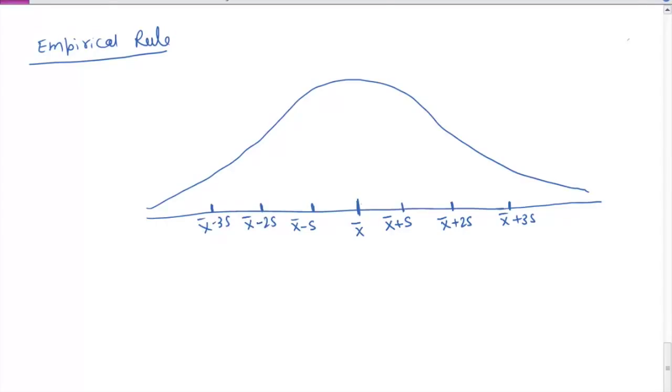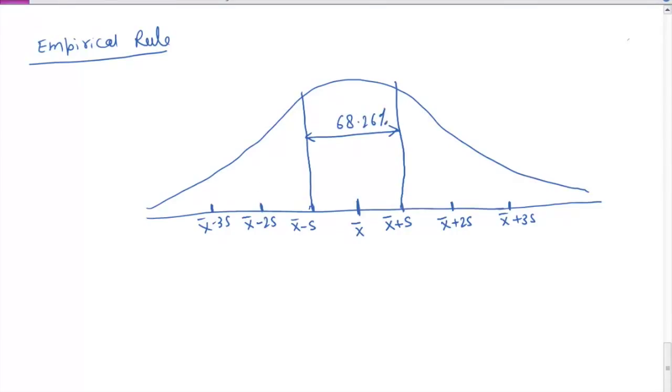The empirical rule says that if you go 1 standard deviation to the left or right of the average, which means these two data points, the area covered by plus minus 1 standard deviation is 68.26%.